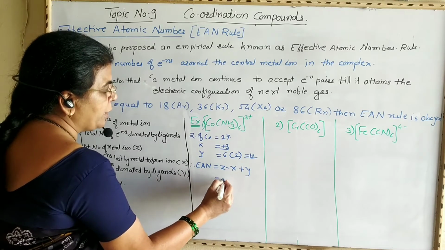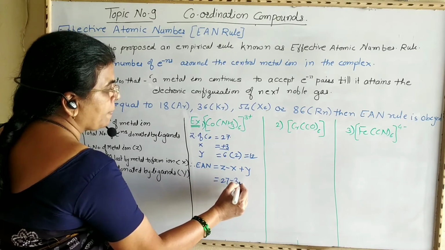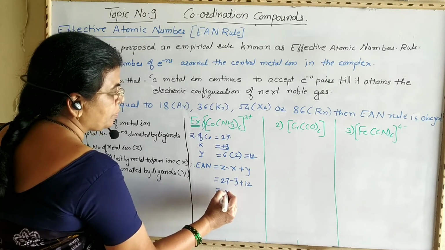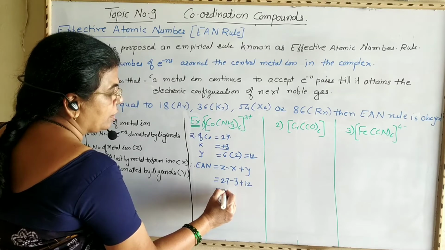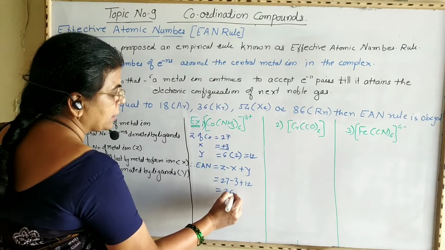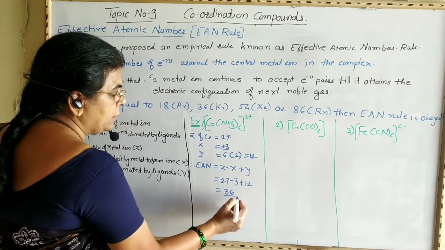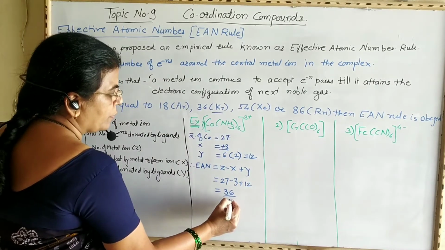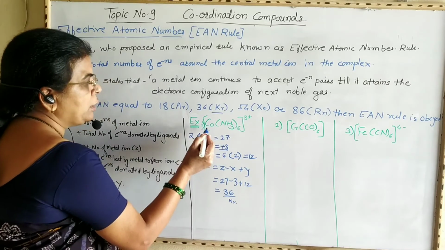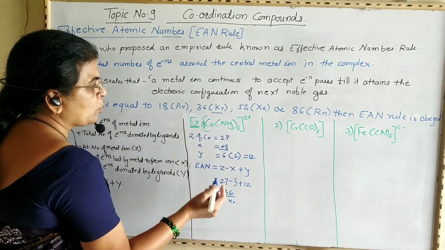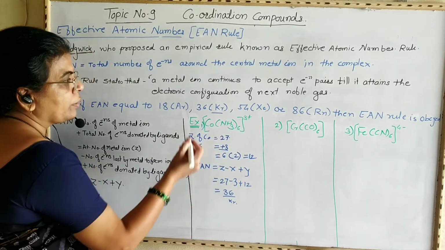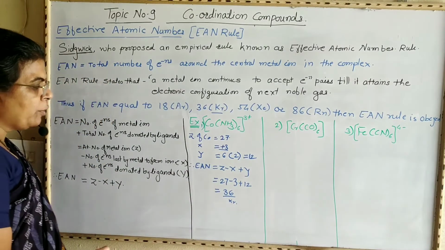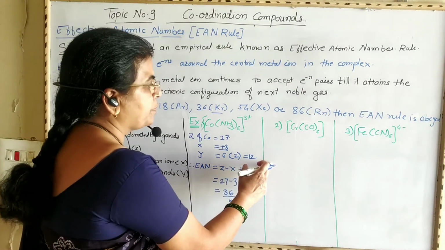Therefore it becomes 27 minus 3 plus 12. Then it becomes 36. This is the atomic number of krypton, and therefore this Co(NH3)6 3+ complex obeys the EAN rule.